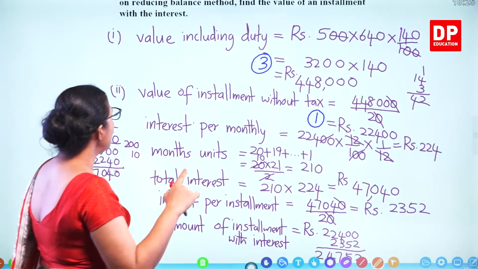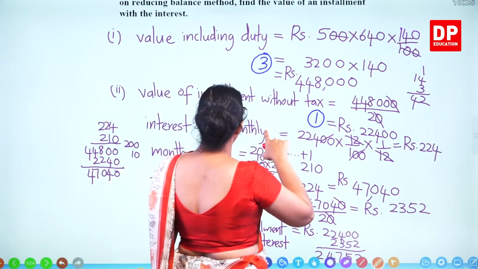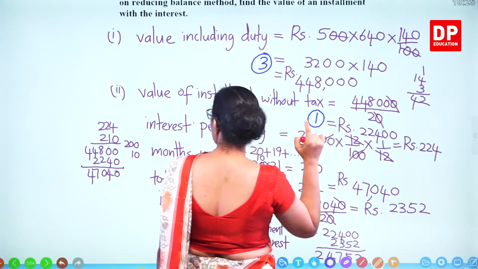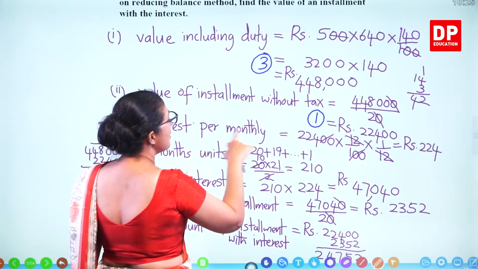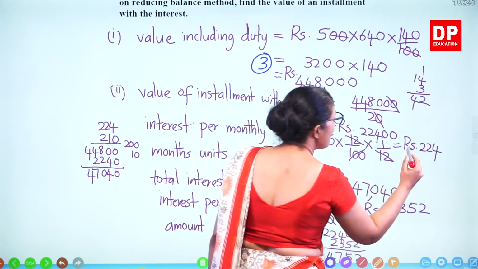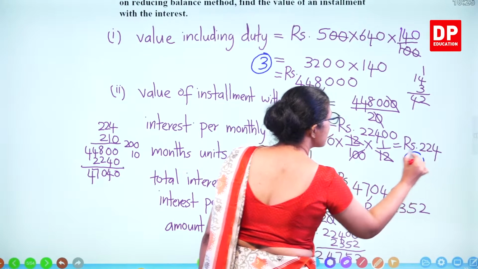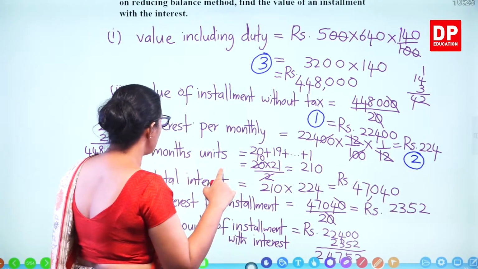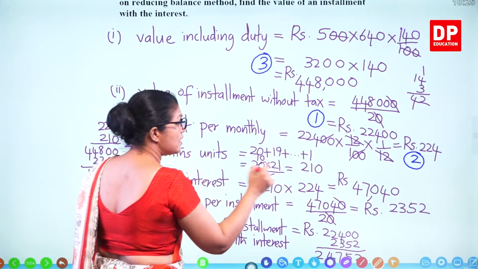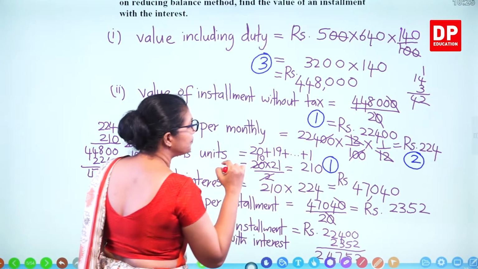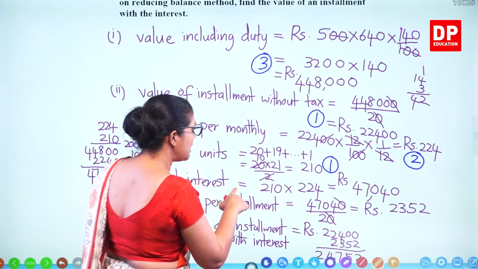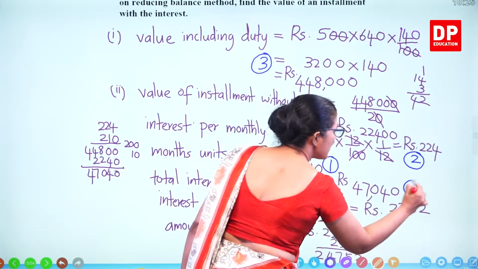And then calculate interest per month, monthly interest per month, that's 2 marks. And total months units, 1 mark. And then total interest, 1 mark for this.